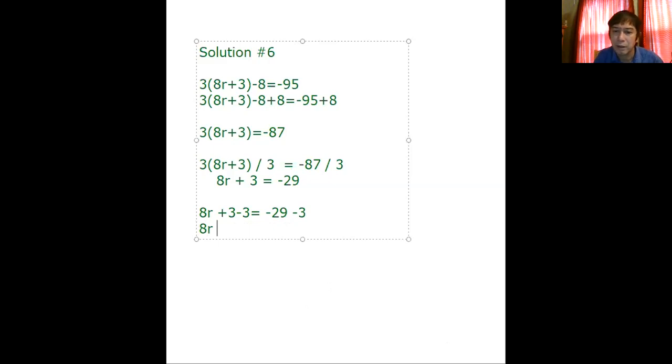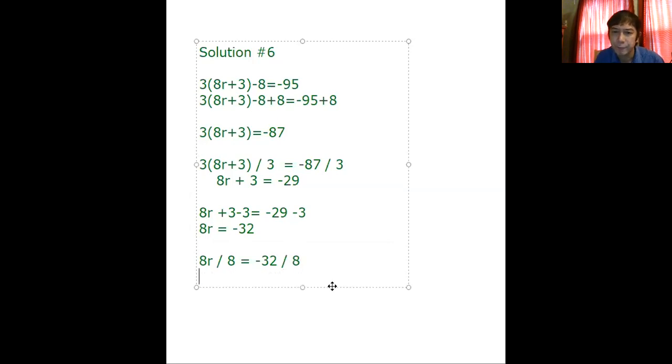There. And then the right side is negative 29 minus 3. They are both negative numbers. This will add up to a negative 32. There. Negative 32. And so you're going to divide this by the number beside the R, which is the 8, for the next line. So 8R divided by 8 is equal to negative 32 divided by 8.